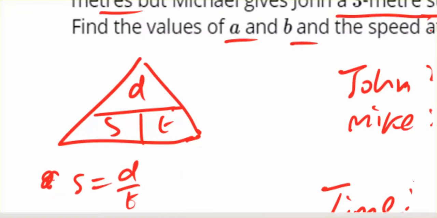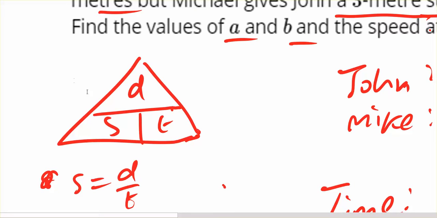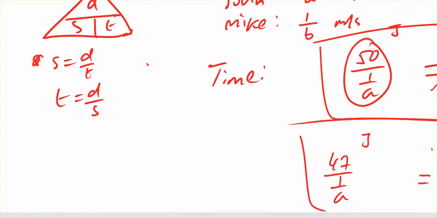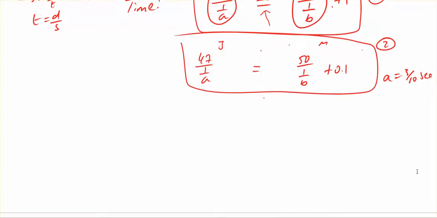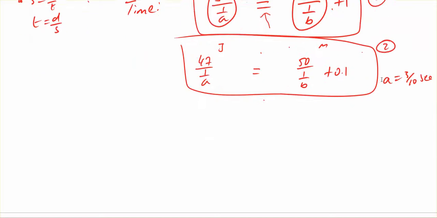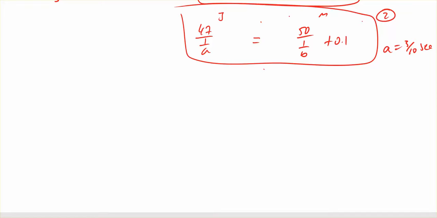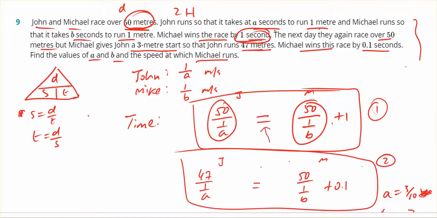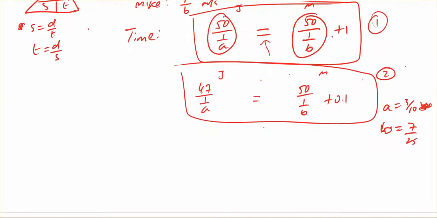Now, we want to find Michael's speed. So Michael's speed is 1 over B. We know B is 7 over 25.